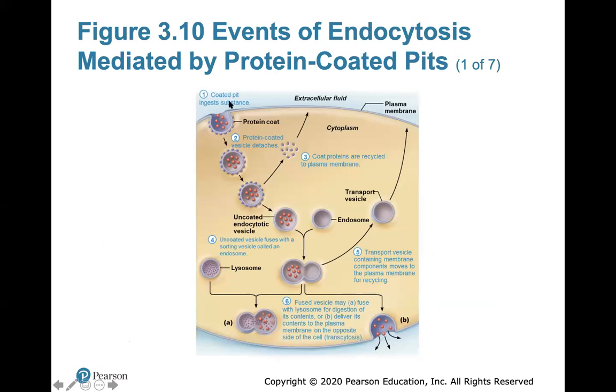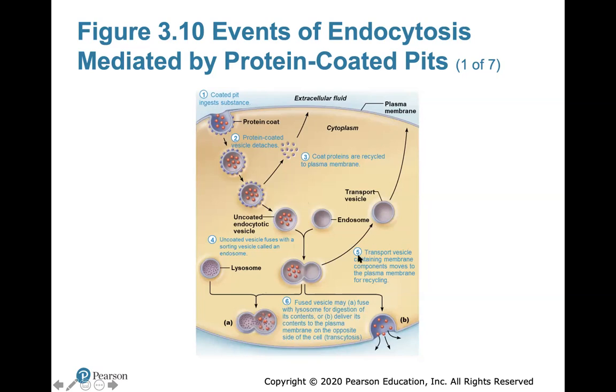So a coated pit will ingest a substance. The protein-coated vesicle will attach. It will undergo some sort of transportation. Coated proteins will be recycled to the membrane. It will either be taken up by a lysosome, so stored. The fused vesicle can fuse with the lysosome for digestion.